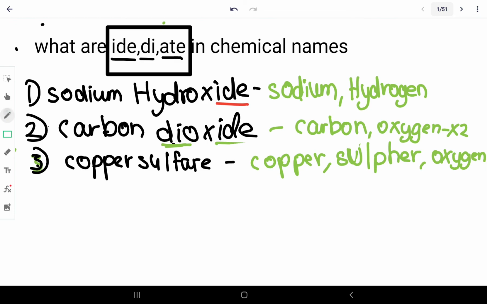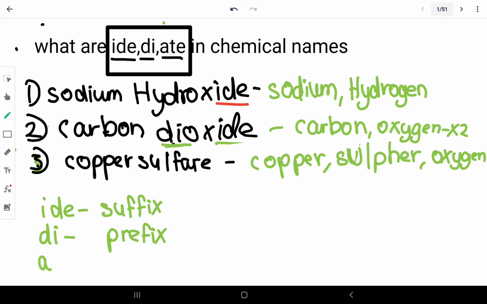Okay, so now let's see how you use it. IDE is a suffix and DI is a prefix and ATE is a suffix.